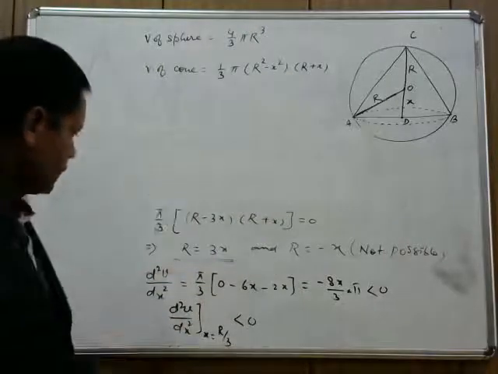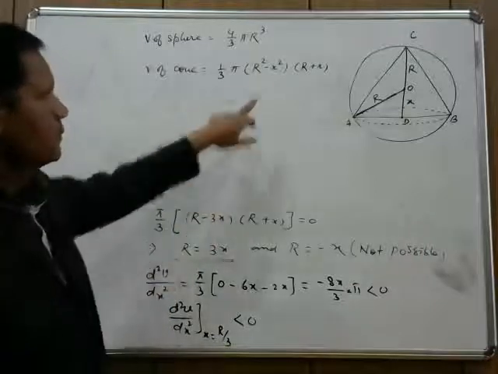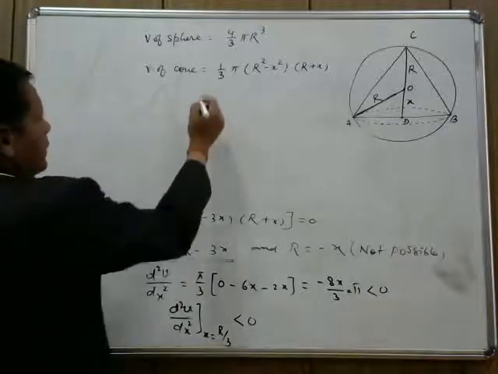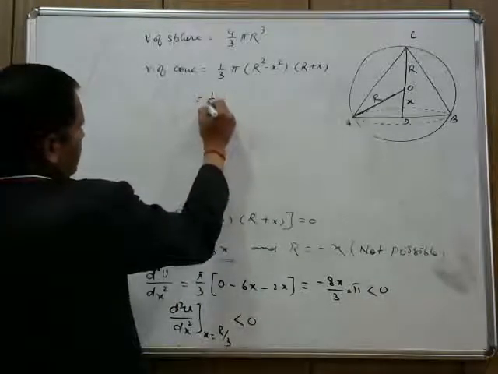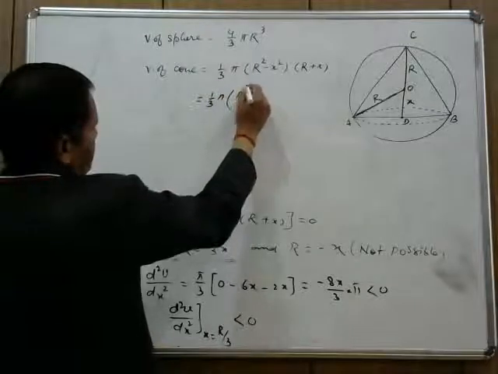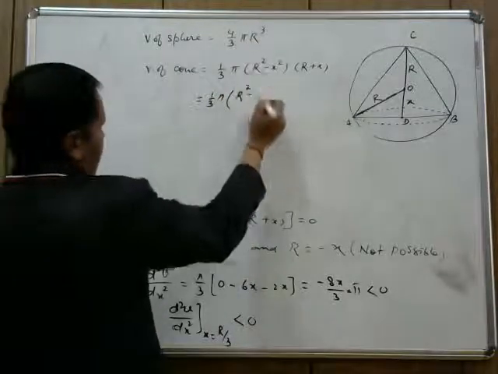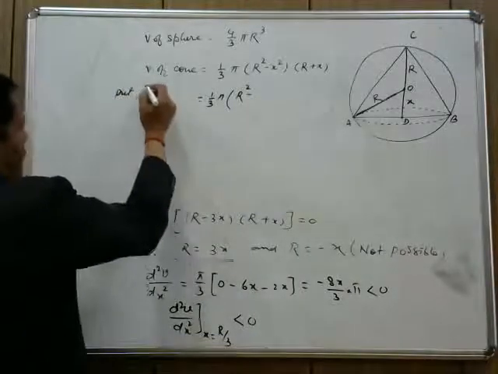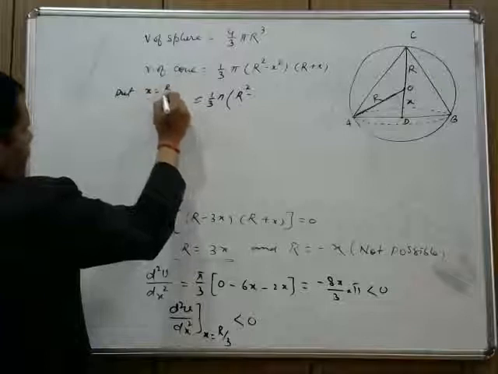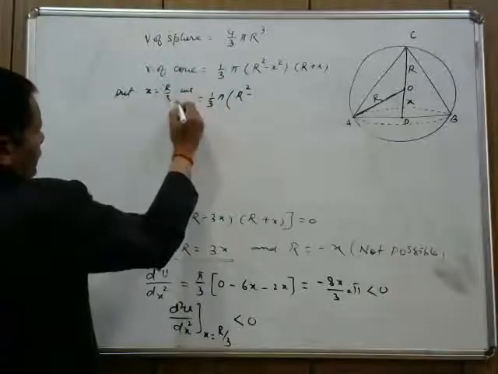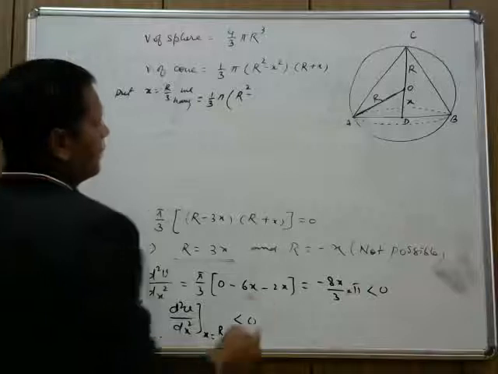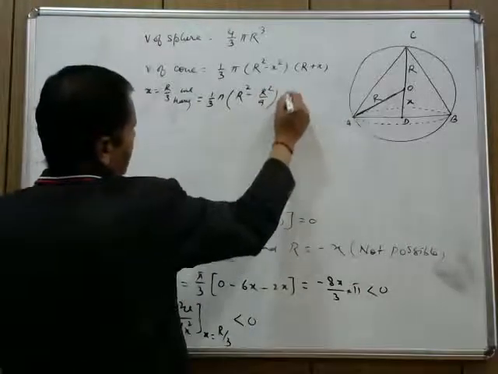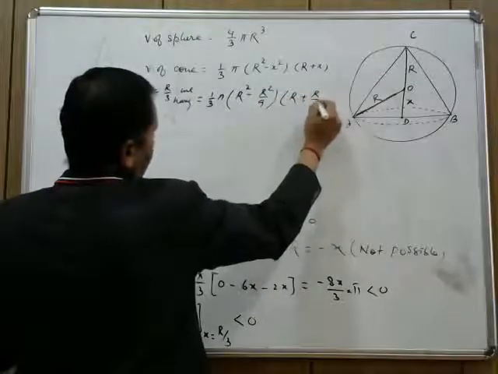Now we know that x is equal to r by 3. So now wherever x we have, put r by 3. So now put 1 by 3 pi r square minus r by 3. Put x is equal to r by 3. We have 1 by 3 pi, r square minus x square will have r square by 9, r plus r by 3.